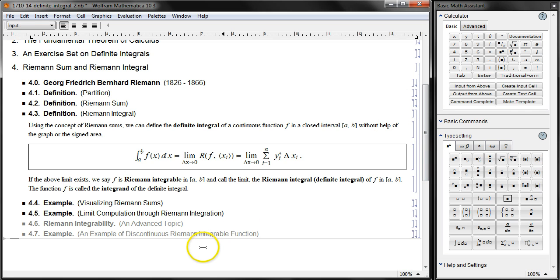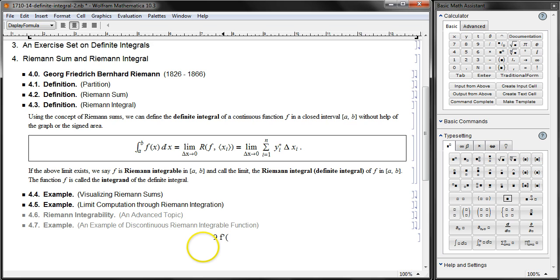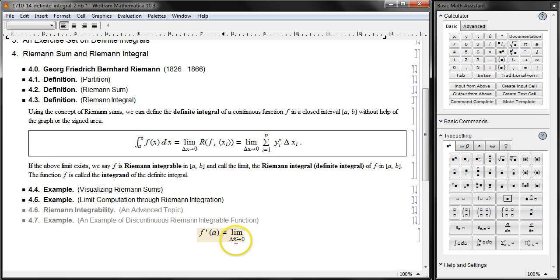And for example, how did he define the derivative, by the way? Does everybody recall? f prime of a is equal to the limit as h is going to 0 of f of a plus h minus f of a over h.